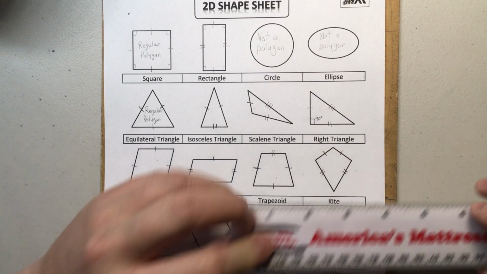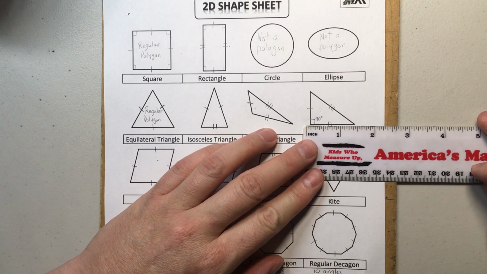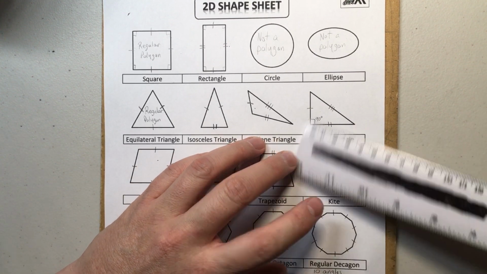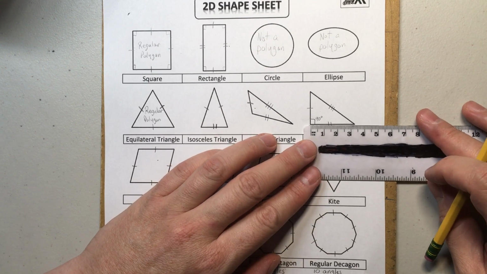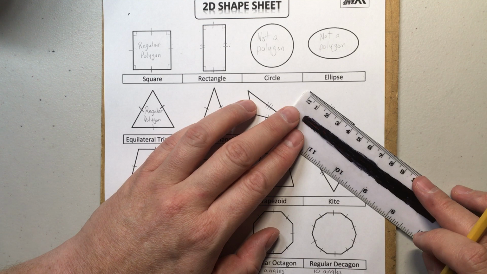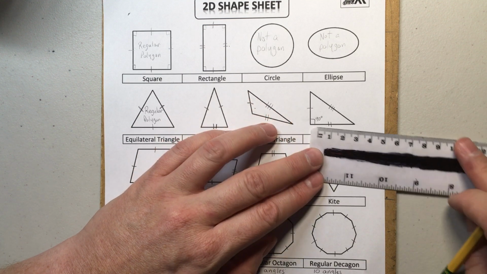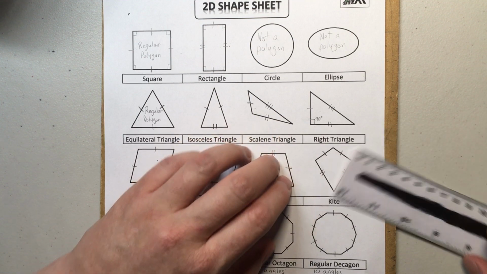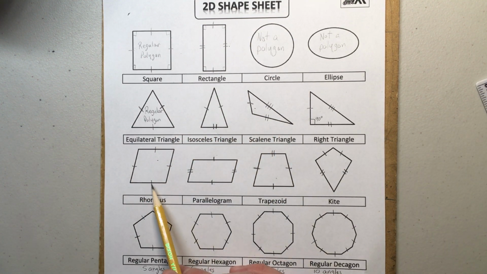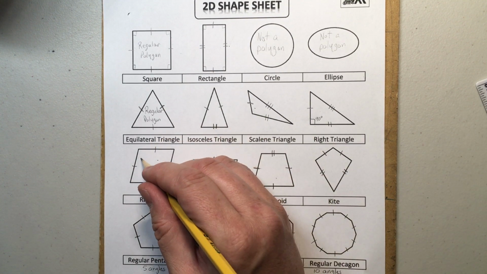Let me double check this right triangle. That's a little over 4 centimeters. That's not quite good. The rhombus is a regular polygon.